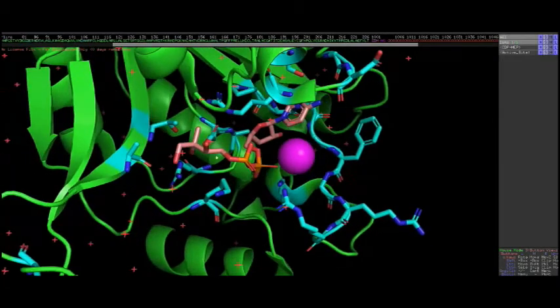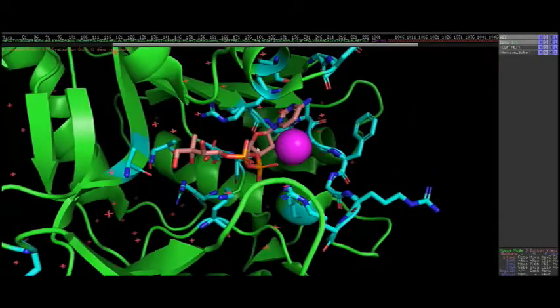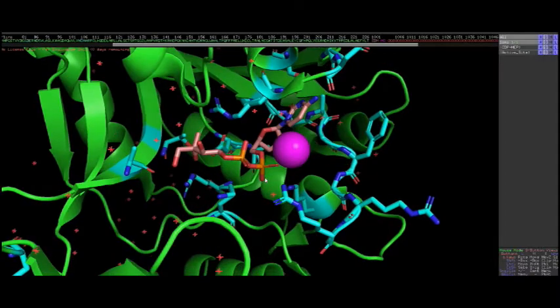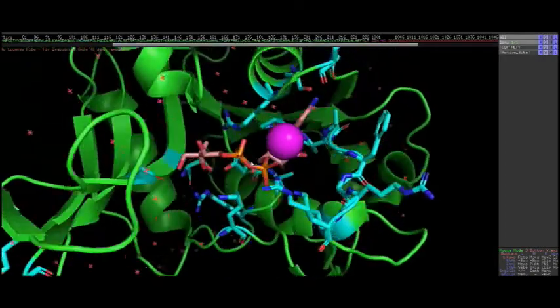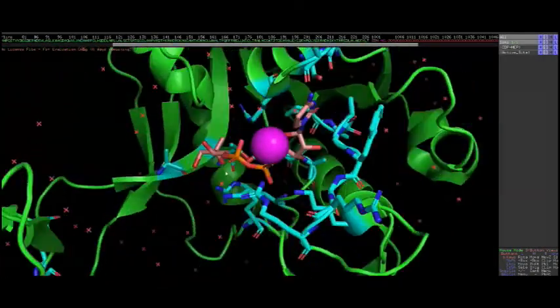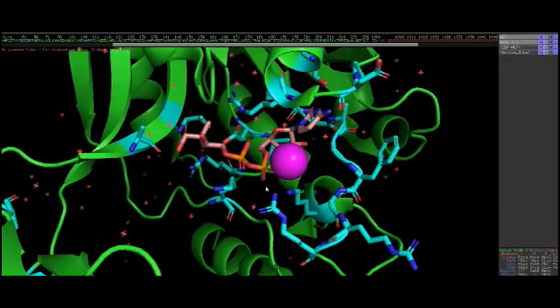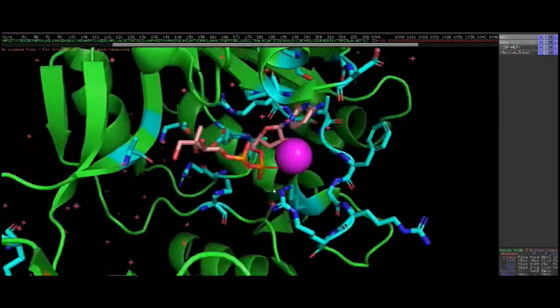I have in cyan the residues, the amino acids that are in the active site here, holding these species in the active site.